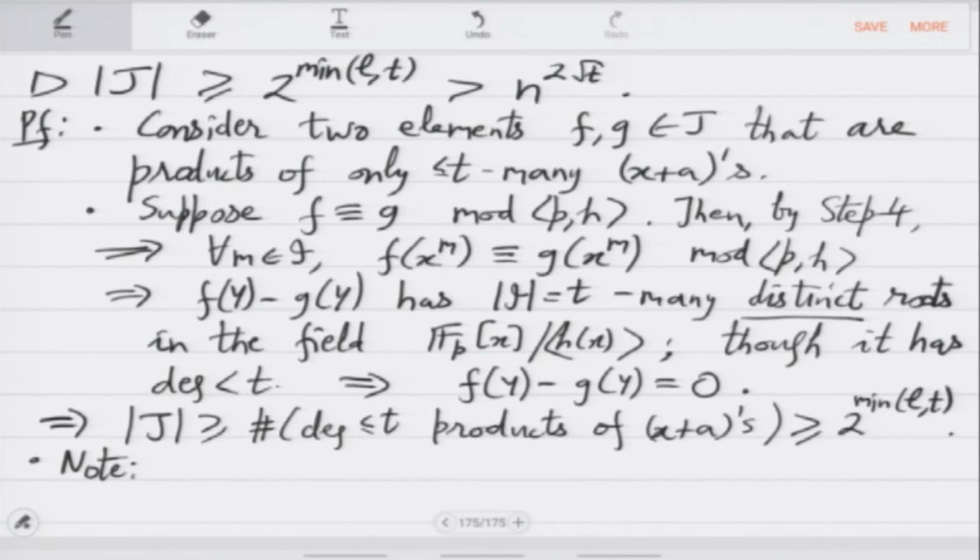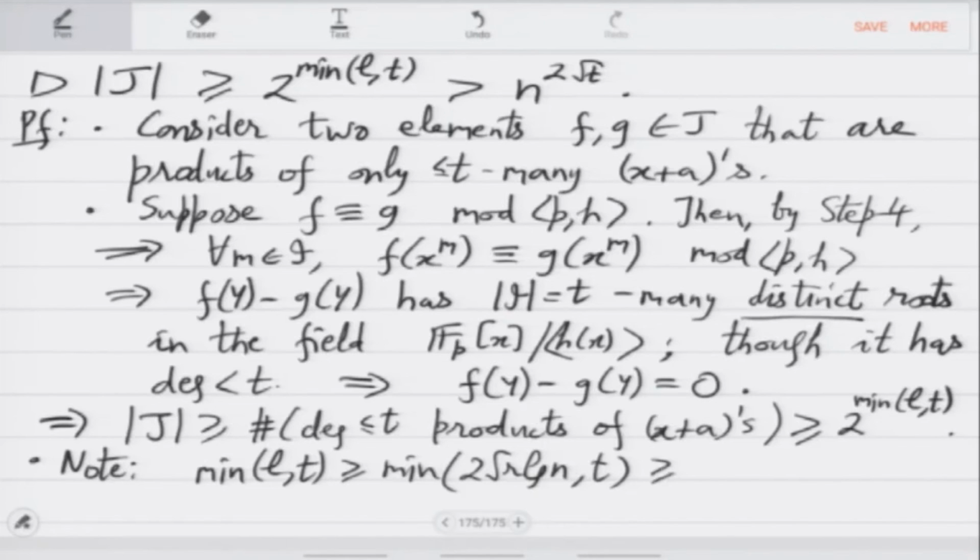So, this means that let us consider min of L, T. So, min of L, T is at least, L is 2 square root r log n, and T was shown to be, well, let us keep T for now.